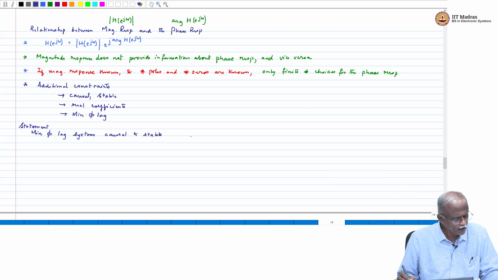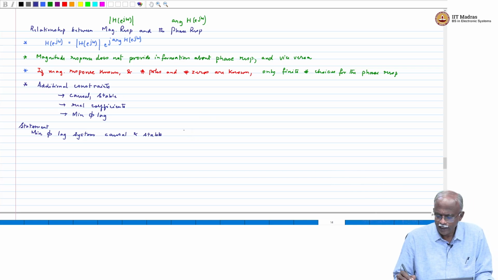What does it mean? It means that it has all poles inside the unit circle, and all zeros inside the unit circle, because that is what will give you the minimum phase lag.